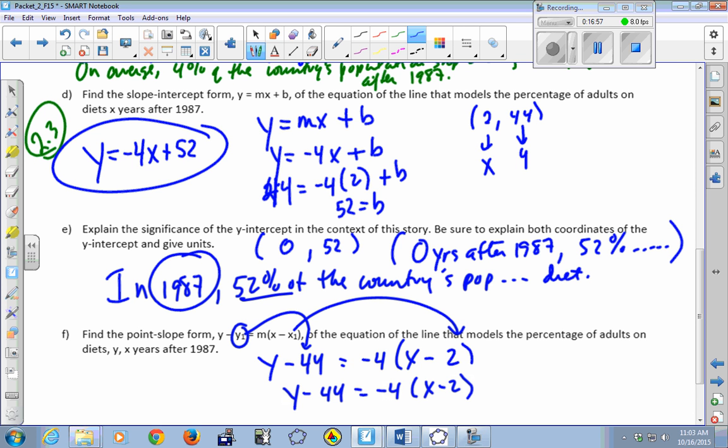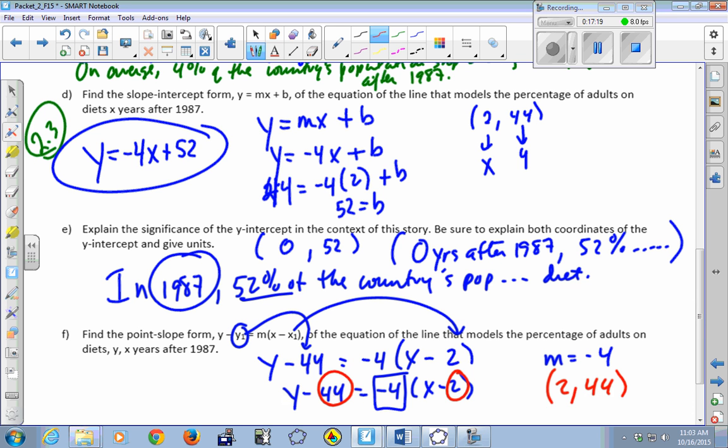And why this is nice is you can look at this and you can tell me something right away. You can tell me what the slope is, and you can give me a solution for the equation, (2, 44). You know that that point lies on that line just from looking at that equation in the form.